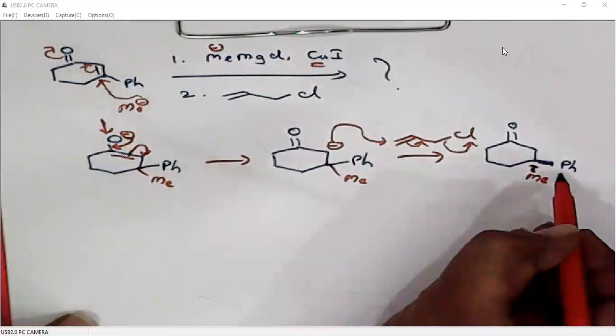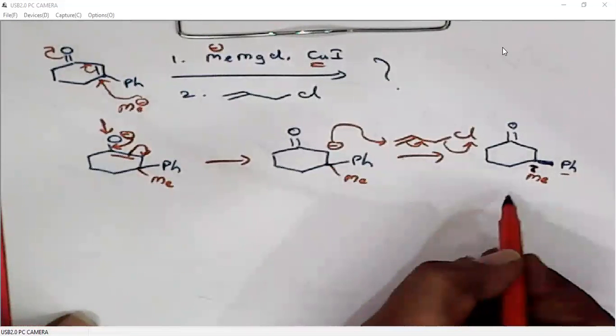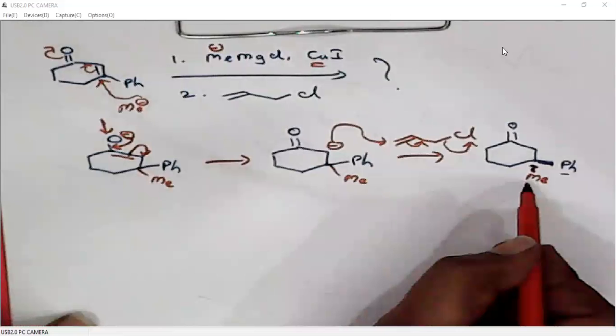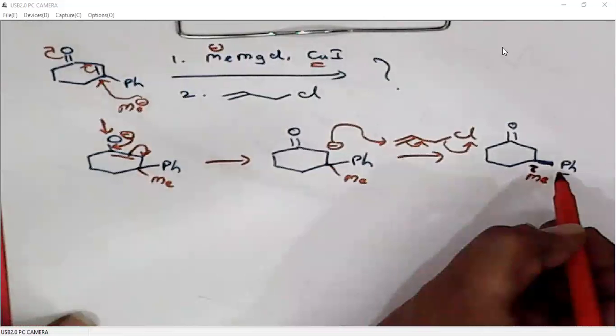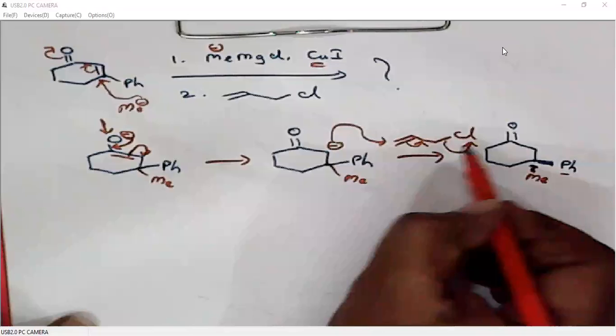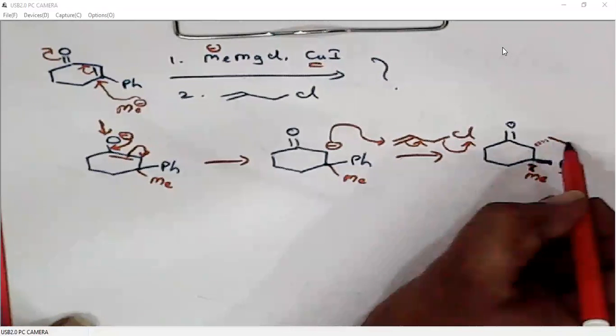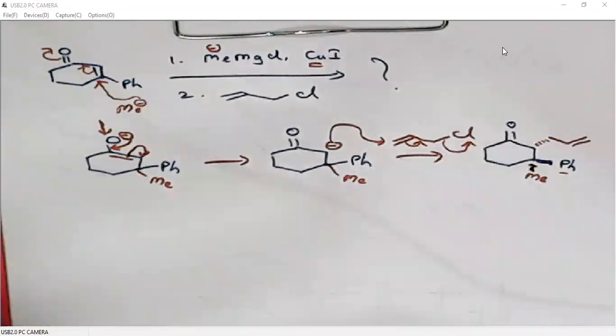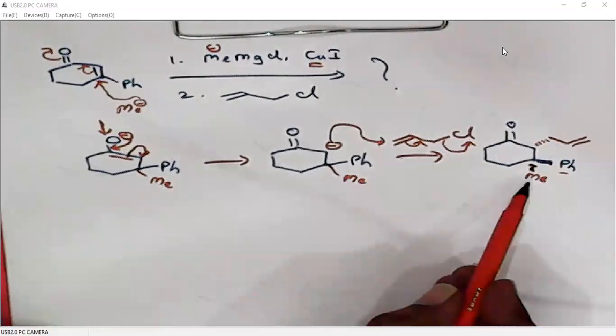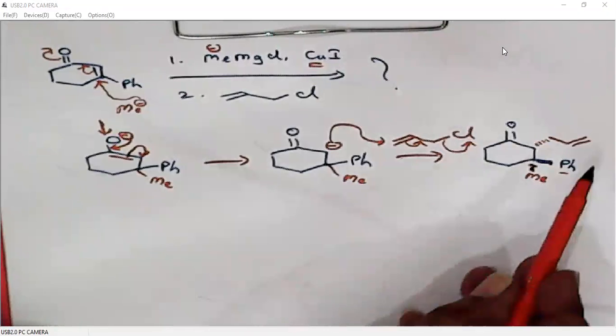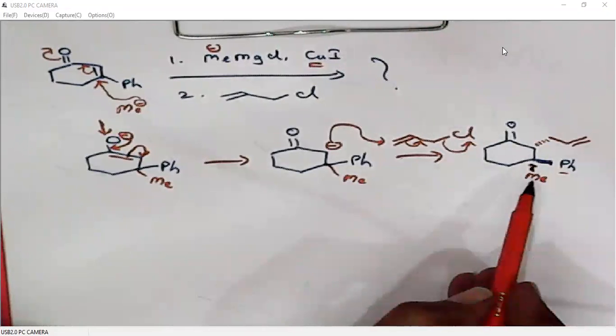In this case, Ph is a bulky group, methyl is a small group. So, Ph creates large steric crowding, and the allyl system will not approach this molecule from above the plane. The methyl group obviously creates small steric crowding compared to Ph, so the allyl group will approach this molecule from the methyl side.